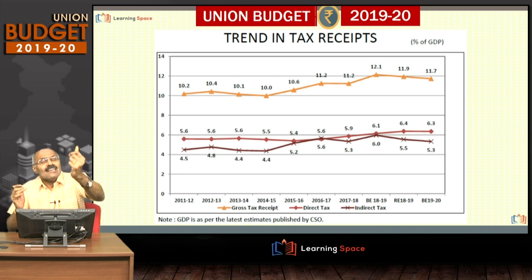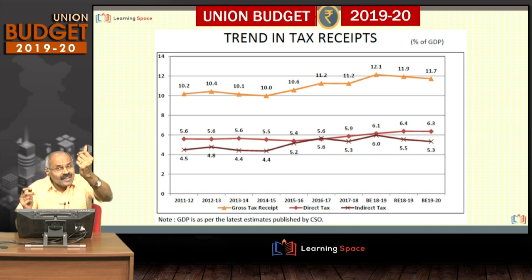These are center's trend in the tax receipts. If you look at the trend in the tax receipts, please don't forget, after reaching this 12.1% as per the budgetary estimates of 2018-19, in fact, in the revised estimates, they were pruned down to 11.9. Now it came down to 11.7. Right friends? So this is very, very important thing.